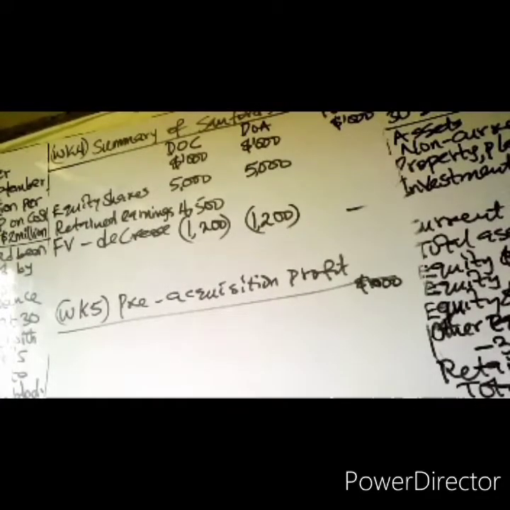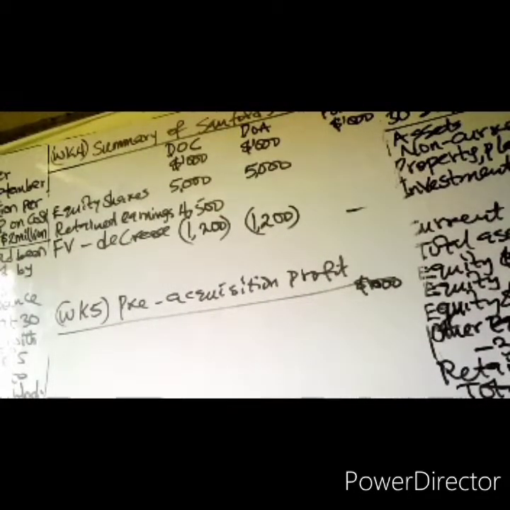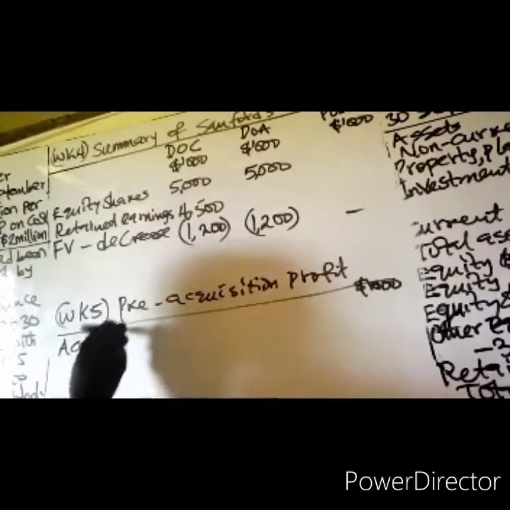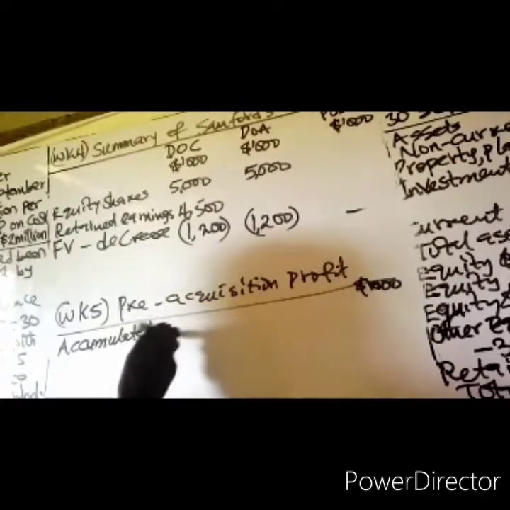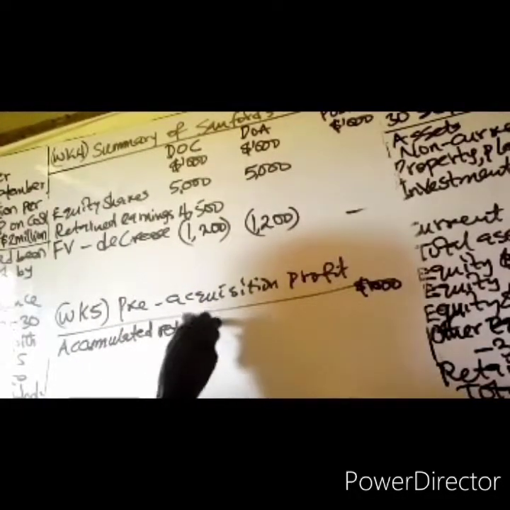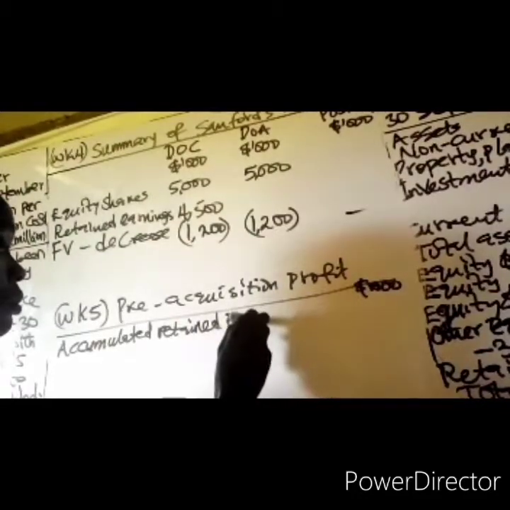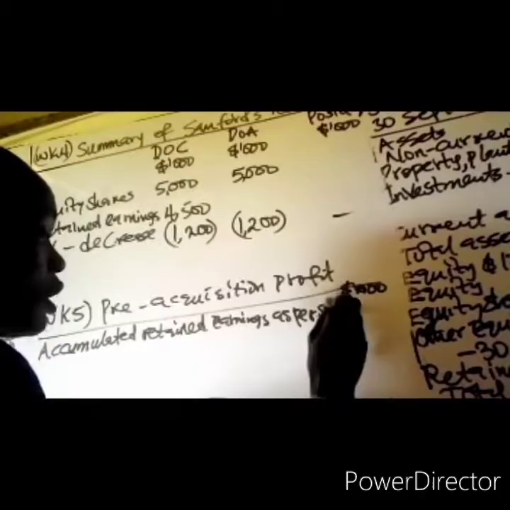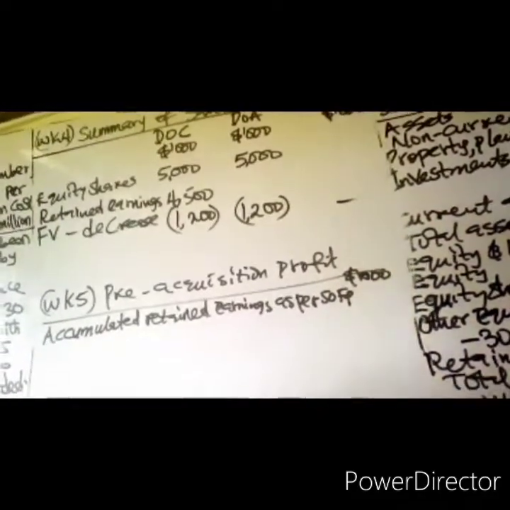I said you can put the accumulated retained earnings as per the statement of financial position. You were given the retained earnings of the subsidiary.